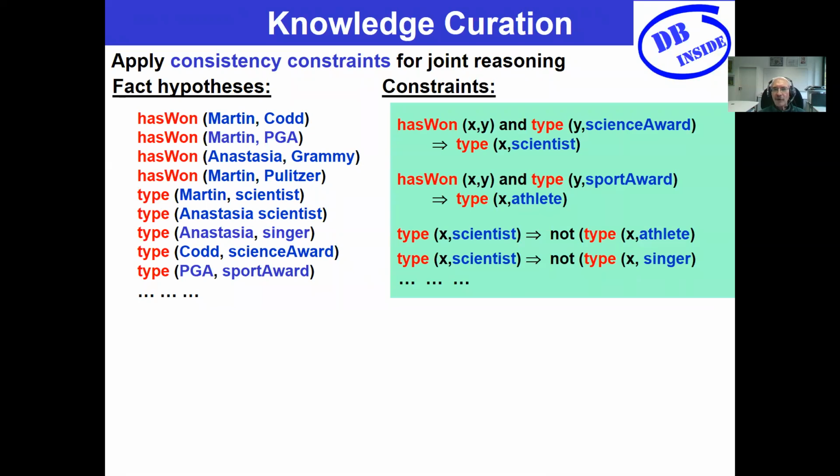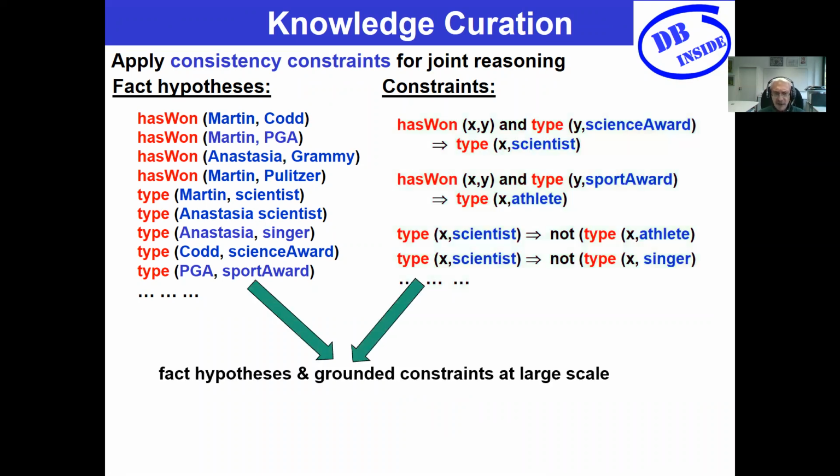And now we impose these constraints. If someone has won a science award, that person must be a scientist. For sports award, you must be an athlete. For music awards, you must be a musician. And then we postulate that scientists cannot be athletes and they cannot be singers either, simply because scientist is a serious profession. There's no entertainment involved.